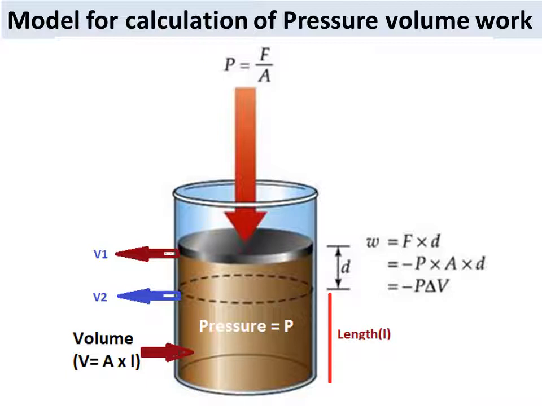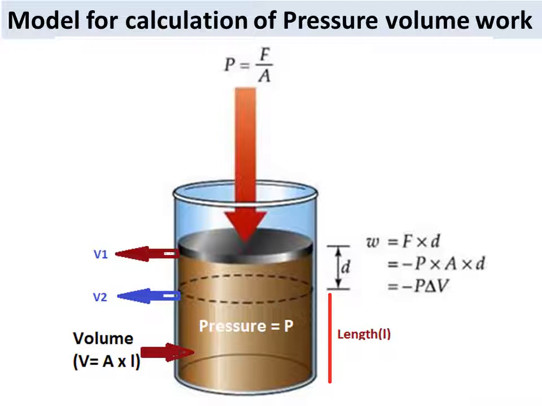And how do we know how much work has been done? For that we know the area of the piston, which we can calculate; because our piston is circular, it is pi r square. The distance it has moved is d, and area into distance gives volume.